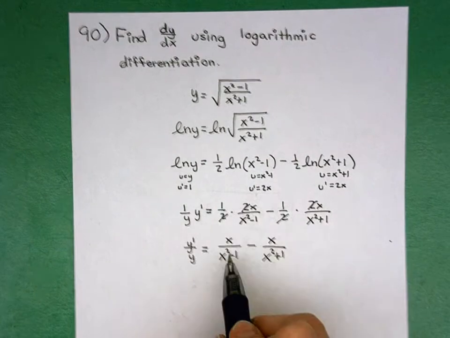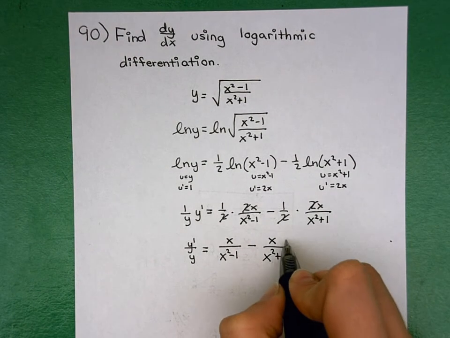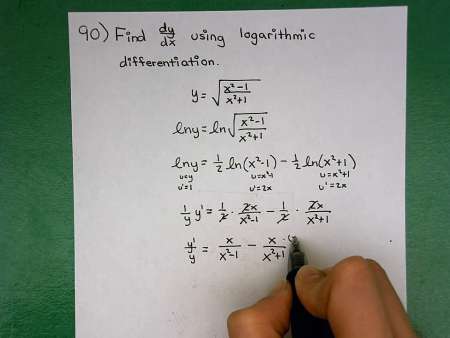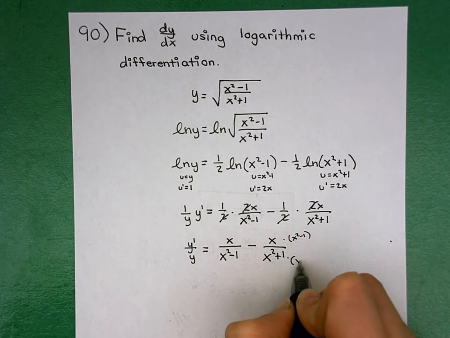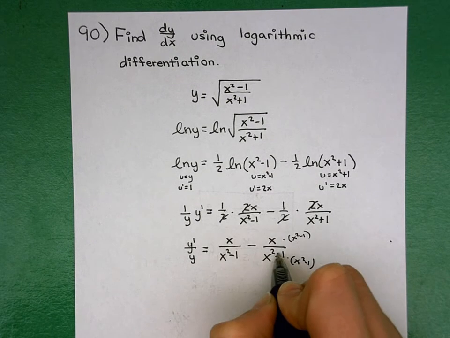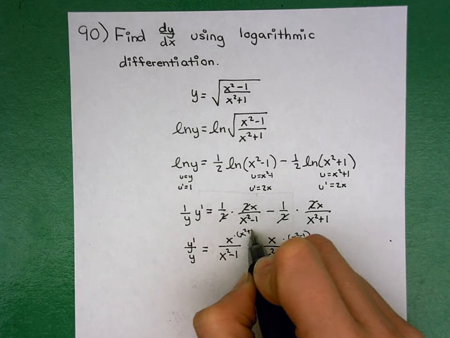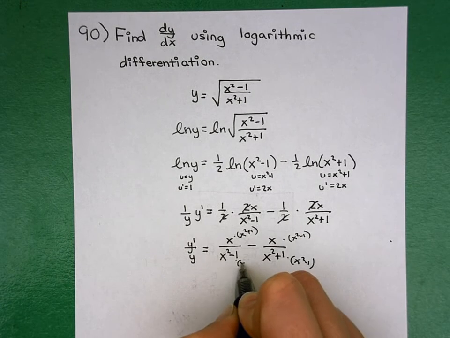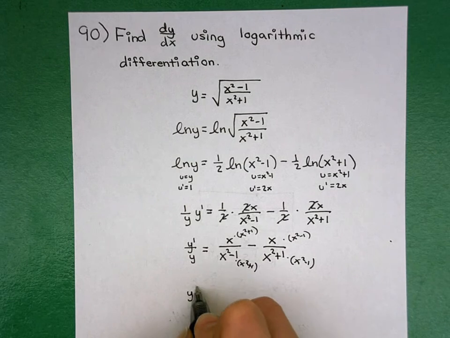And then I'm going to look to combine these two terms. To do that I need a common denominator, so I'm going to multiply this term by x squared minus 1, this denominator. And this first term I'm going to multiply by this denominator, x squared plus 1. That way we'll have a common denominator and can combine the two.